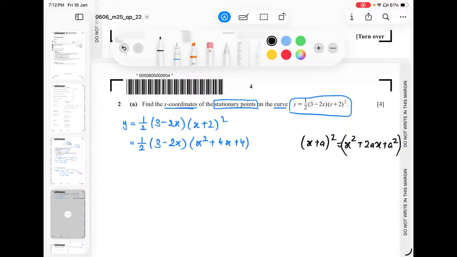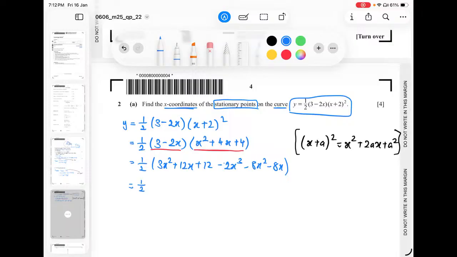That's your formula there. So you're going to use this formula, and that's what we expanded here. And then you just multiply each of the terms with the rainbow method for these two terms. So that gives you 3x squared plus 12x plus 12 minus 2x cubed minus 8x squared minus 8x.